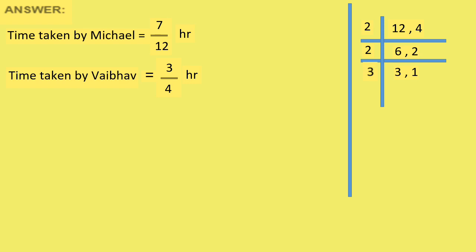Next, 3 table: 3 1s are 3, and I will write 1 as it is. So 1, 1 has come, my work is over. LCM is 2 into 2 into 3 into 1. 2 2s are 4, 4 3s are 12. So the LCM is 12.